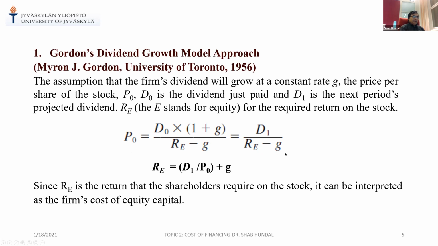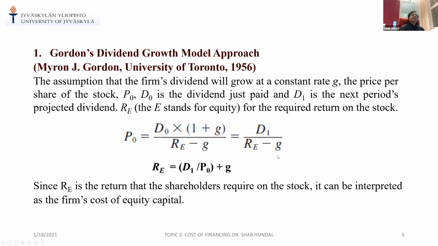It means that this denominator has to be positive. Just imagine that D1 is 10. The expected return on the shareholders' investment is 8%. And the dividend growth rate is 10%.